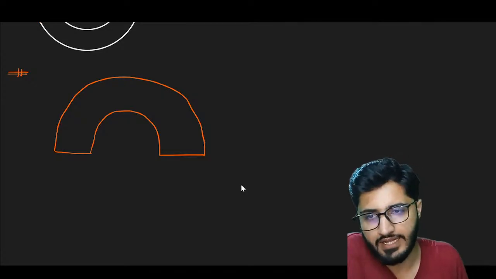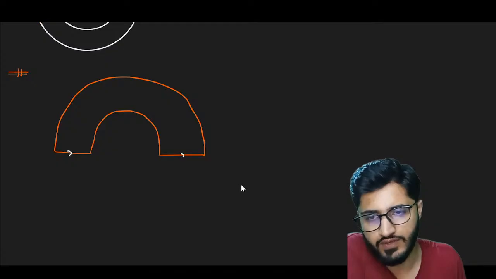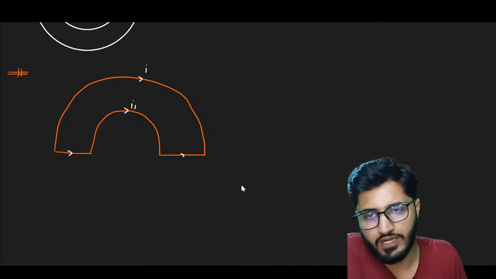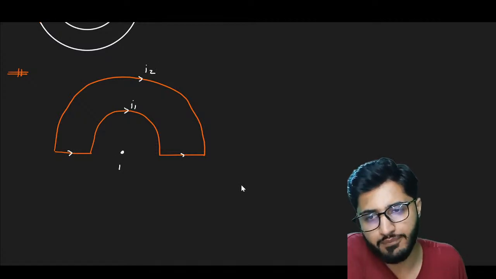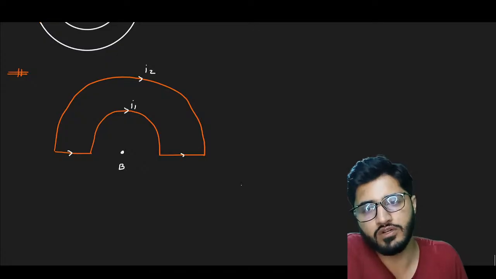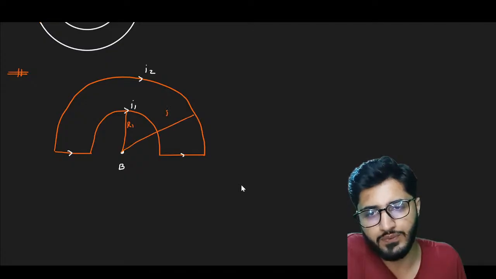We have a numerical like this. Current I is flowing in this way. Here we have current I1, and the upper one has current I2. This is my central point. I need to find B net here. The radius of the inner one is R1, and the radius of the outer one is R2.